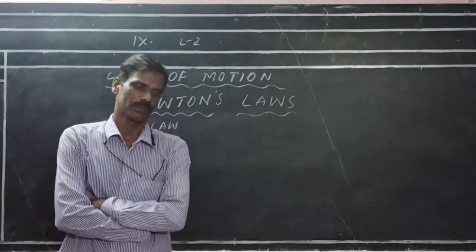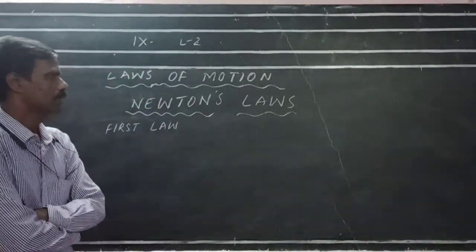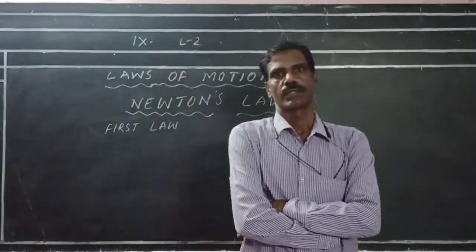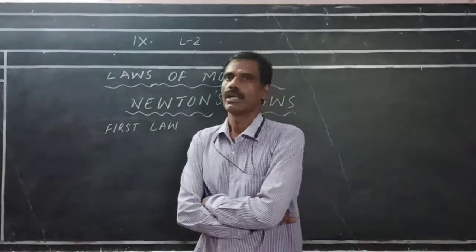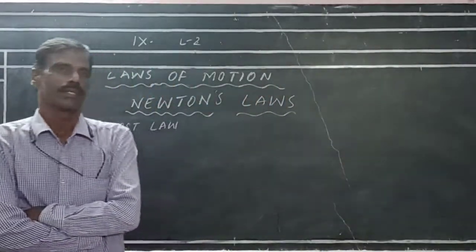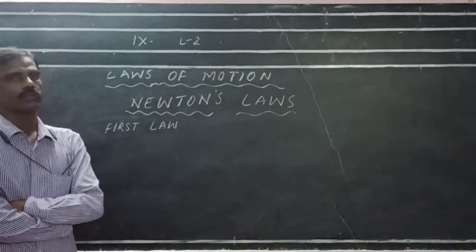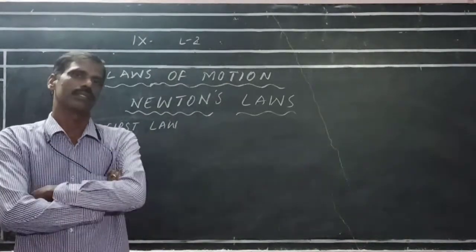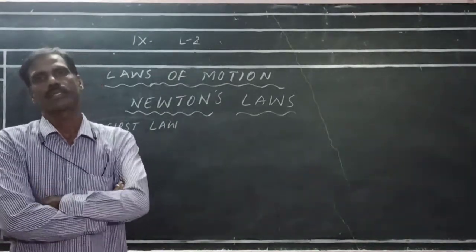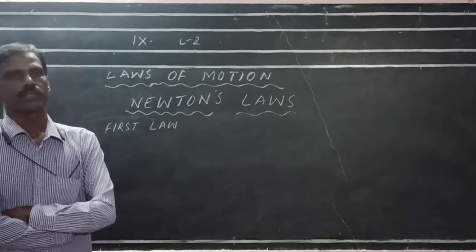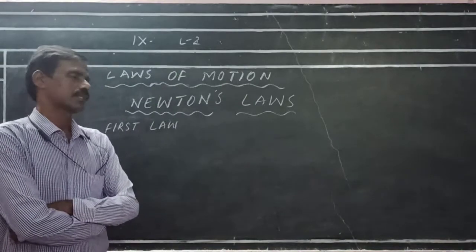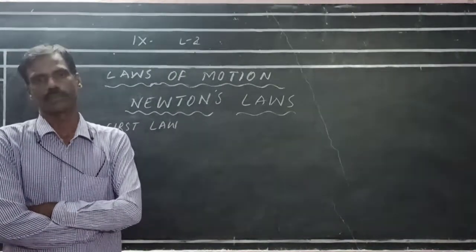The first law of motion states that a body which is in motion tries to be in motion, and a body which is at rest tries to be at rest unless it experiences some external force. This is the first law of motion.